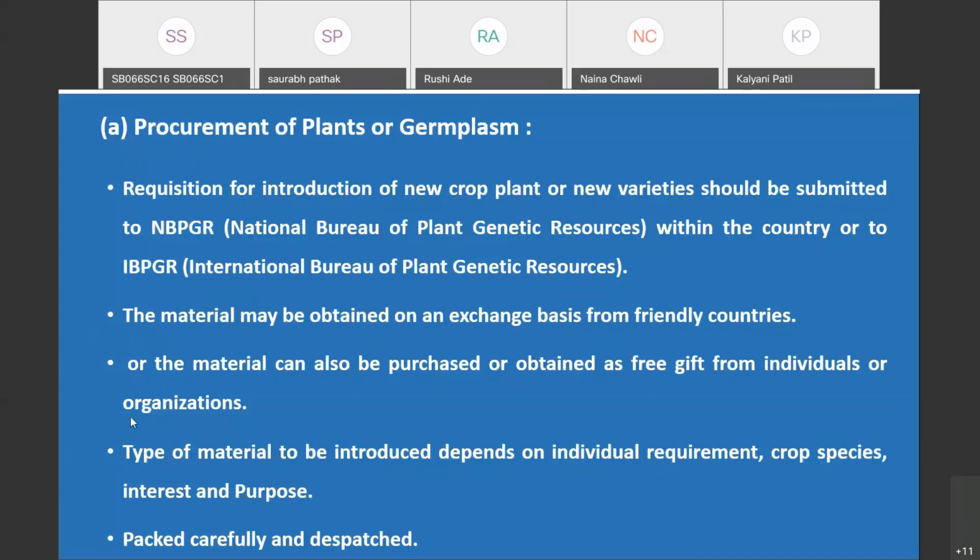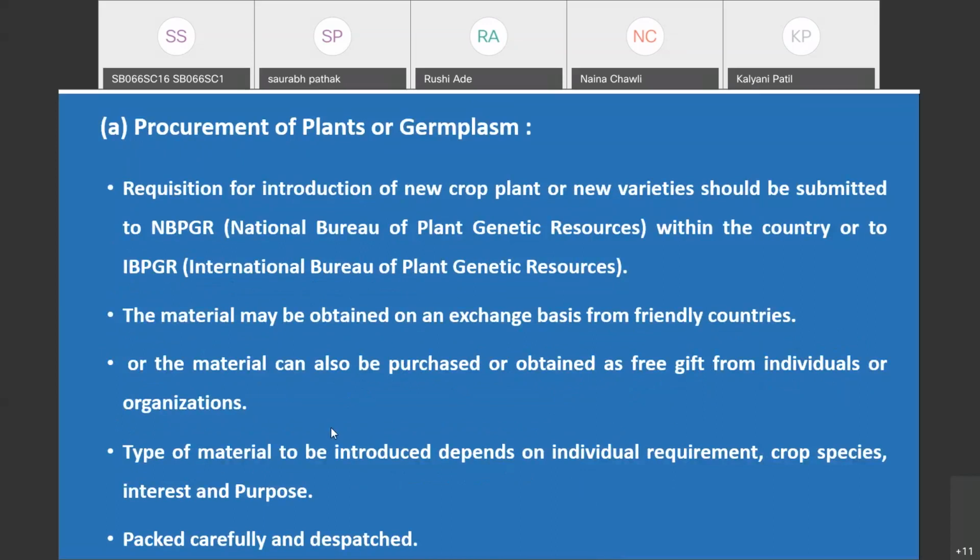Whenever our politicians, our PM or the president visit another country, they may get certain types of plant material as a gift. Okay, these are the methods by which plant material is obtained from the other country.